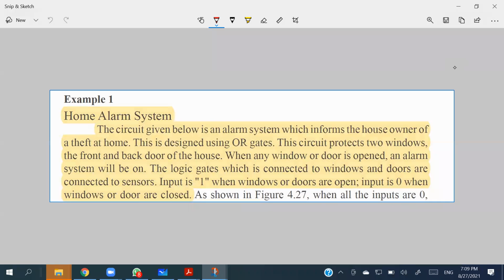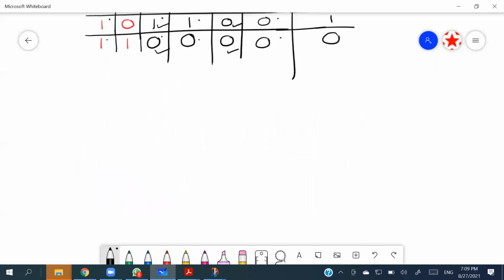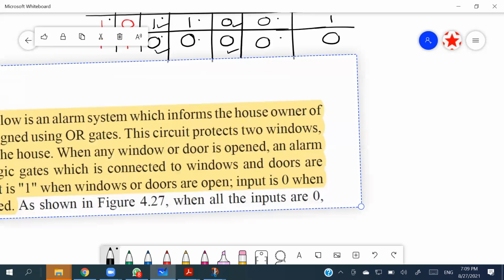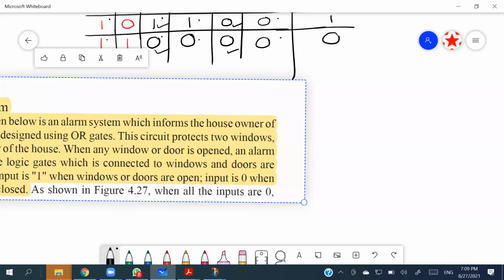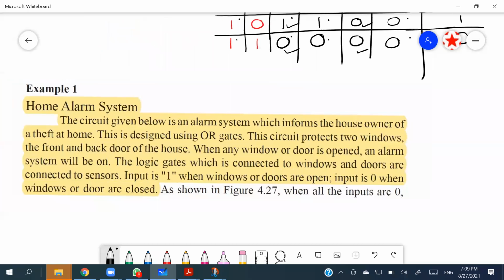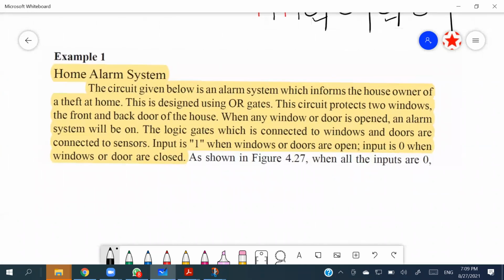So now let's see how we are going to deal with this kind of situation, right? When you are given such a situation, the first thing that you have to do is figure out what are the inputs and what is the output of this particular scenario, right?